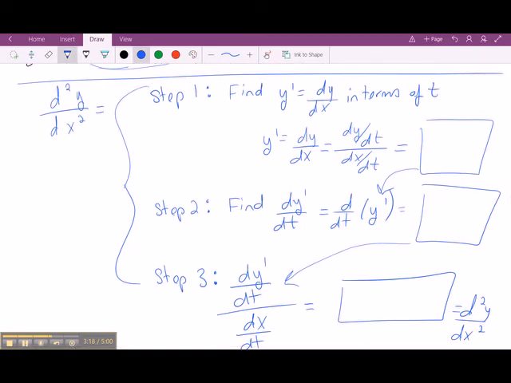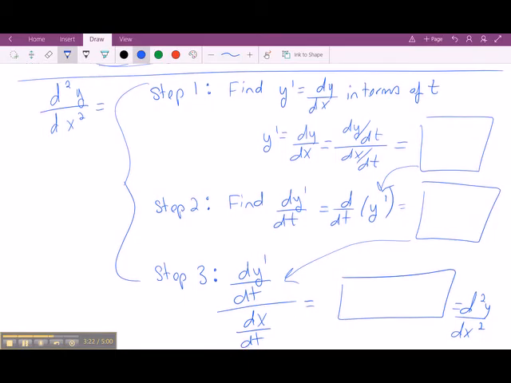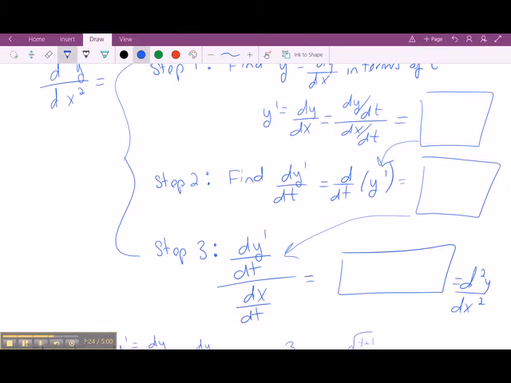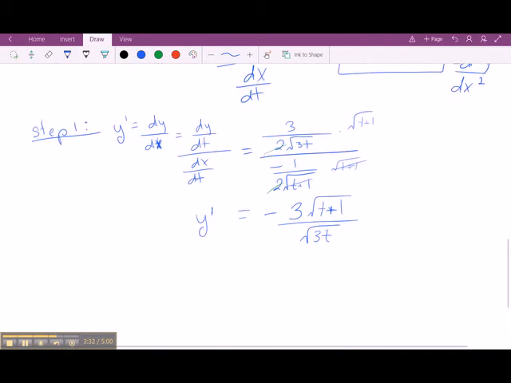Okay, so the second step is, once you find that, we want to find the derivative of y prime with respect to t. I misspoke a little bit. That means I need to take what I just did, and take the derivative of that with respect to t.